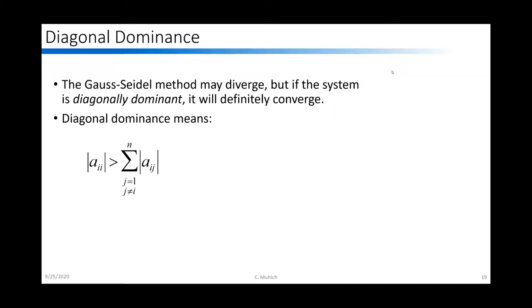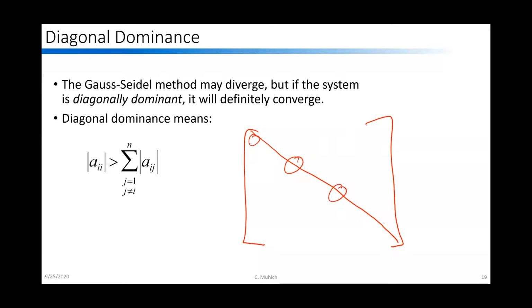As with any iterative method, we have always the possibility that the method may diverge. And the Gauss-Seidel method is no different. However, we know that the Gauss-Seidel method will definitely converge if the matrix is diagonally dominant. What I mean by diagonally dominant is if I have a matrix, if the element along the diagonal of each row is the largest, it will converge, right?